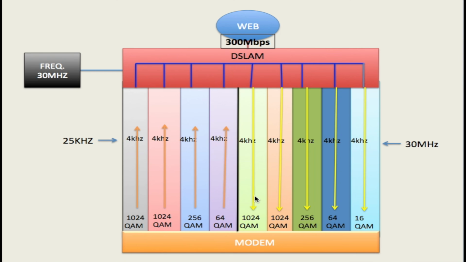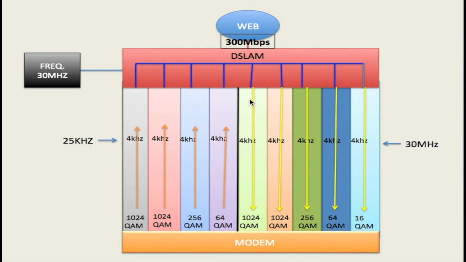And how it does this is to use these 4 kilohertz channels and prepare them for modulation of this data. It would base this on the condition of these channels, like how much noise these channels got on them. So based on this information from the modem, the DSLAM would prepare these channels.